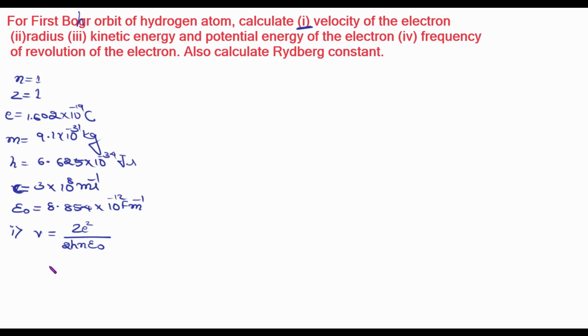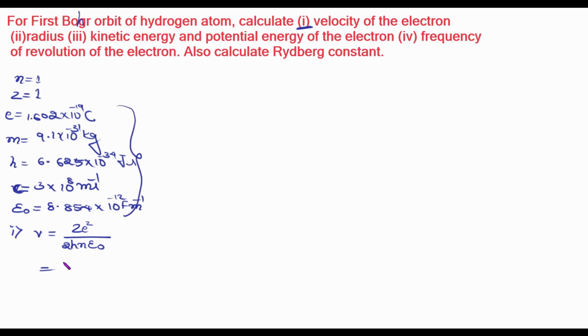Okay, so here, not everything is given in this numerical, which doesn't mean that you need not know all these things. The number of the orbit is given, Z value is also given indirectly, you must know that for hydrogen Z is equal to 1, and the rest of these values you must also know.